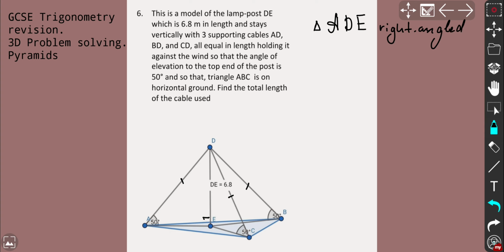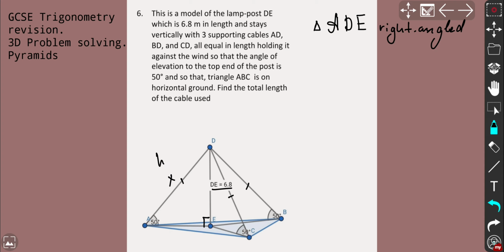It's right there, that's E in this case. So we have angle 50 degrees, let's say angle theta, it's 50 degrees there. We need to find AD. Let's set it up as x. And we have DE, which is equal to 6.8 meters. So we have the opposite side and we need to find the hypotenuse.